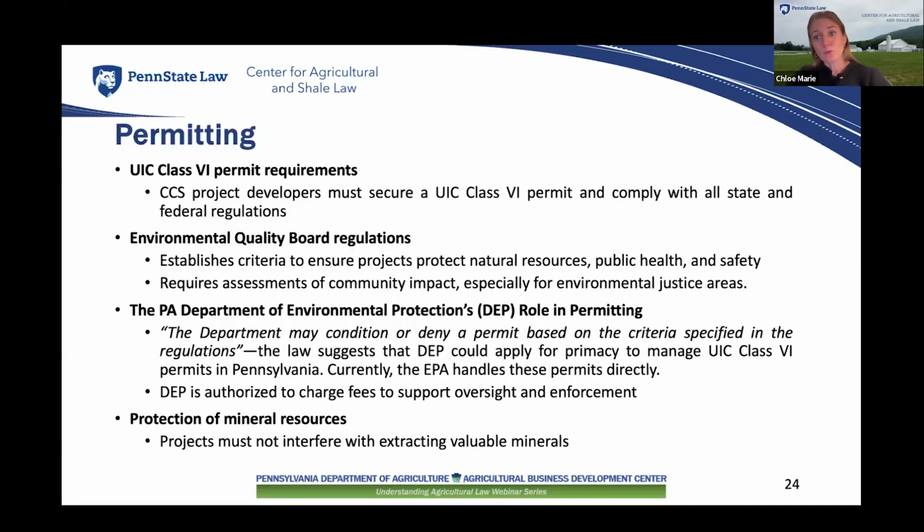Now, for a project to move forward, project developers need to get a UIC Class 6 permit, like I said, and make sure they follow all the required regulations at both the state and federal levels. The law requires that the Environmental Quality Board set up regulations and permitting criteria to make sure these projects protect natural resources, public health, and safety. The rules will also require assessments of how the projects affect the surrounding communities.